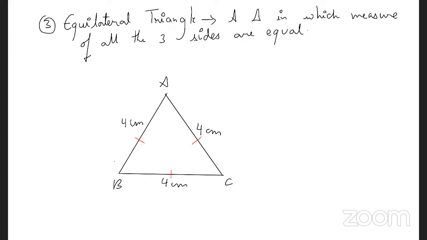In this triangle, side AB equals BC equals AC, if all three sides are equal.